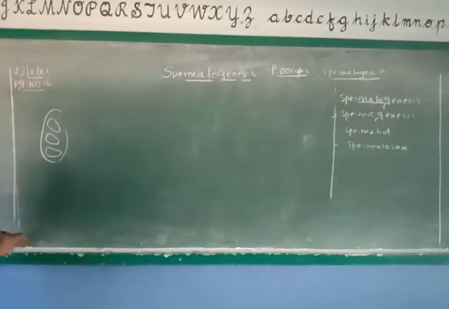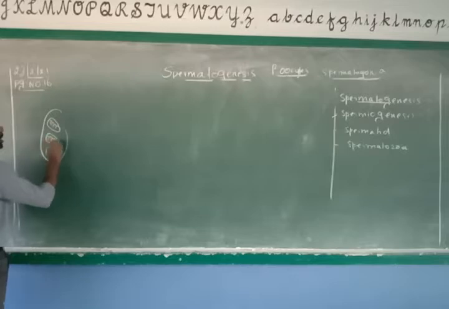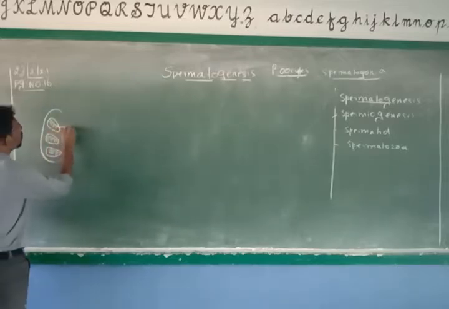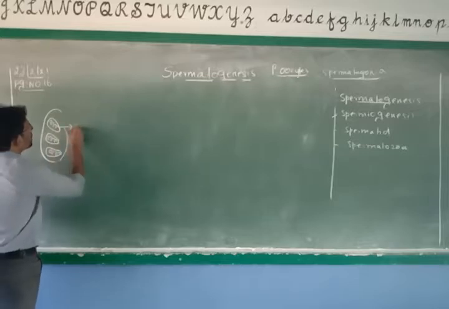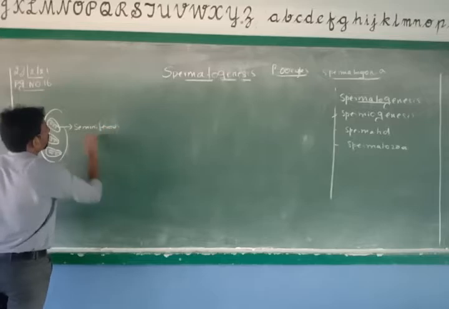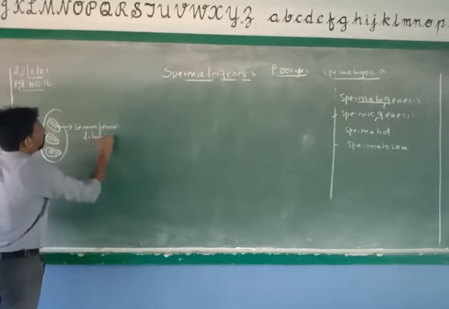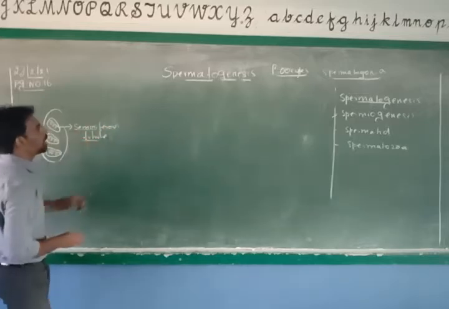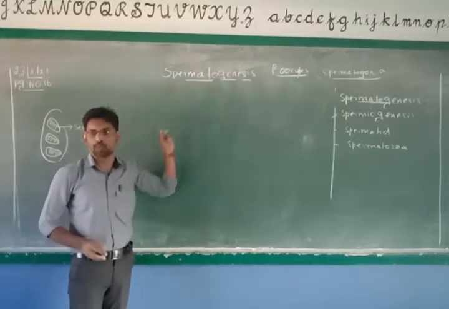Okay. And inside the testis, in these lobes, you will have some spirally coiled tubes. And these tubes are called seminiferous tubules. Why? Because in this tube only spermatogenesis will take place.